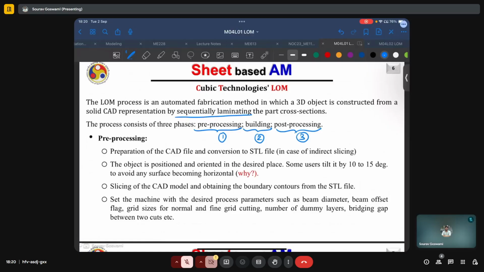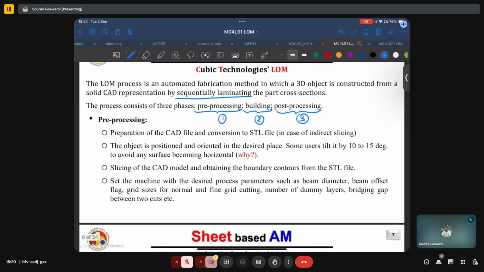Then this converted or exact geometry is positioned and oriented in the desired place. Of course, good practice is to tilt it by 10 to 15 degrees to avoid any surfaces being horizontal.